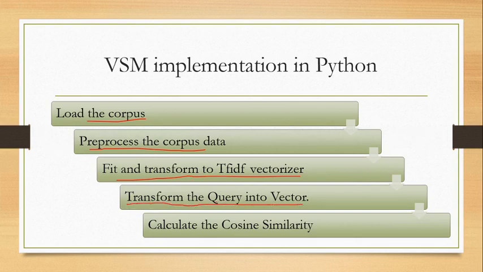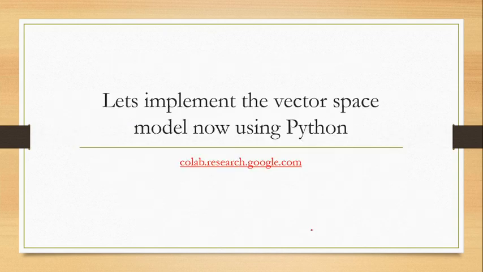We will also perform some pre-processing on our query, and then convert it into a vector. After that we will calculate the cosine similarity. Once we have calculated the cosine similarity, we will have the set of relevant documents, or the order in which a document is more relevant and which is less relevant. So let's implement the vector space model now using Python.